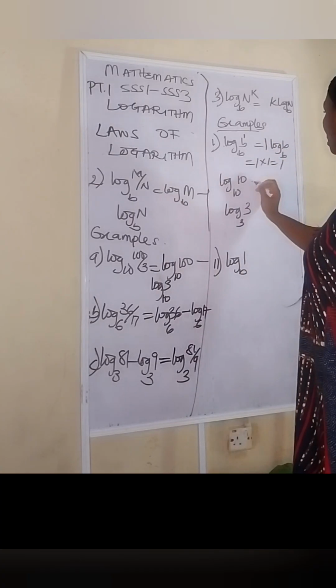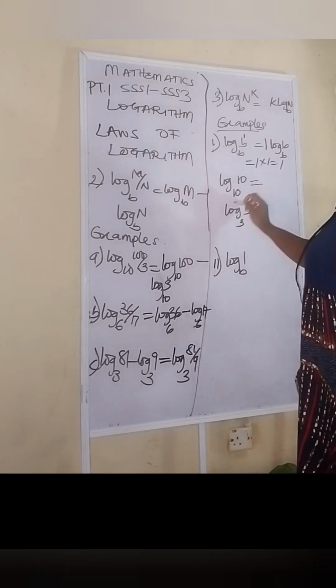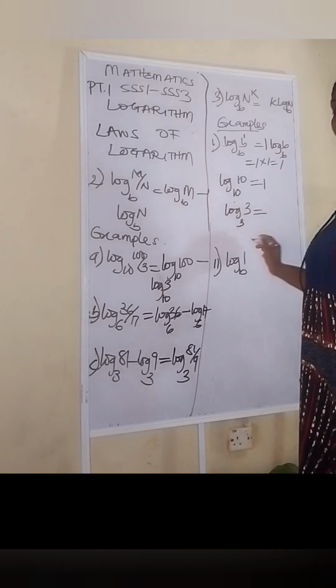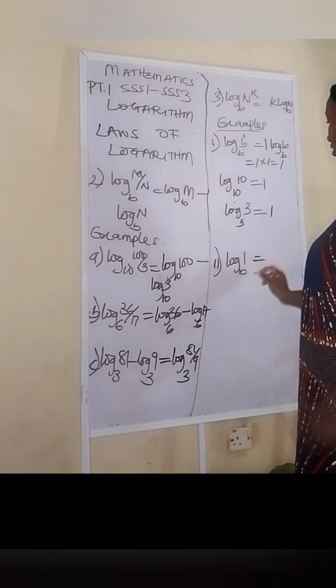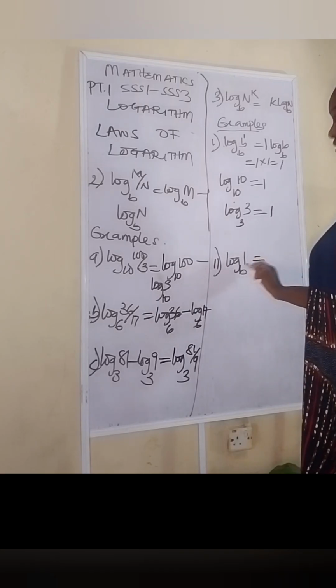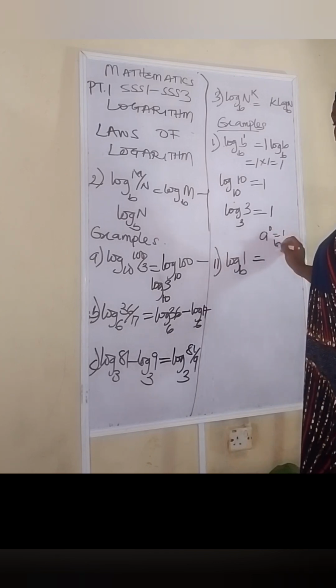Do you understand? Equals, now let's solve this one too. Log 10 base 10 is 1. No doubt about that. Log 3 base 3 is also what? 1. All these things are very simple. Equals, now when you have 1, since our base is b, it means, as in all of indices, a raised to power 0 is 1, b raised to power 0 is 1.